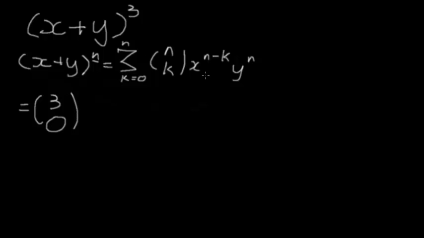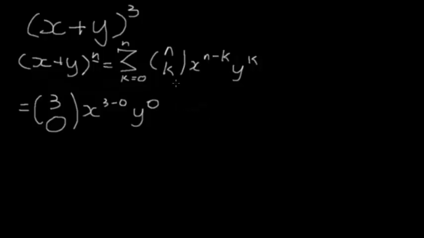And then we multiply that with x to the power of n minus k. So n minus k, n is 3 minus 0, and y to the power of k. Oh wait, it should be k, sorry. I wrote the equation wrong. So this is 0, right?